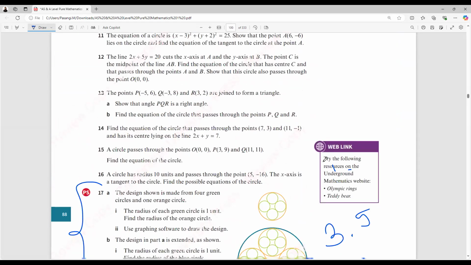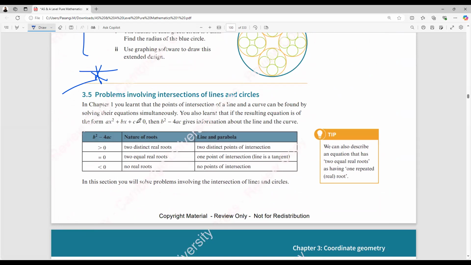Here is kind of a summary again: problems involving intersections of lines and circles. This part is in chapter 1. You learned that the points of intersection of a line and a curve can be found by solving their equations simultaneously.